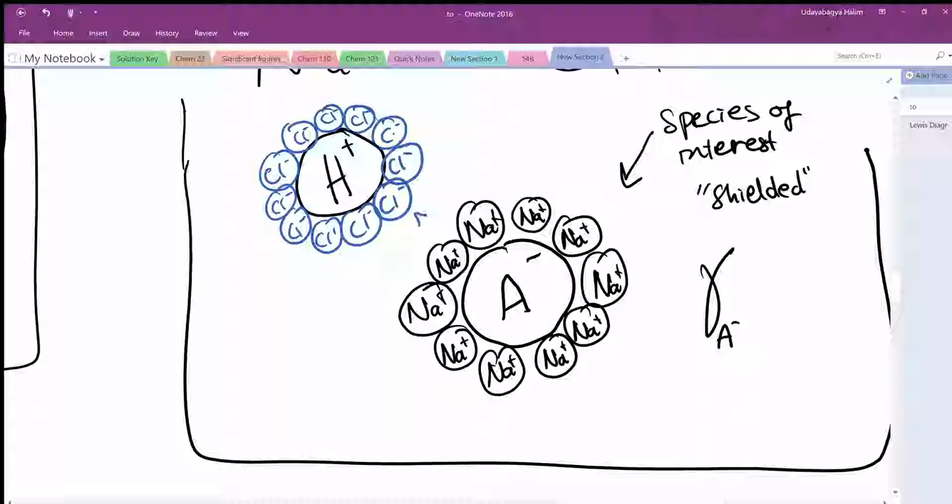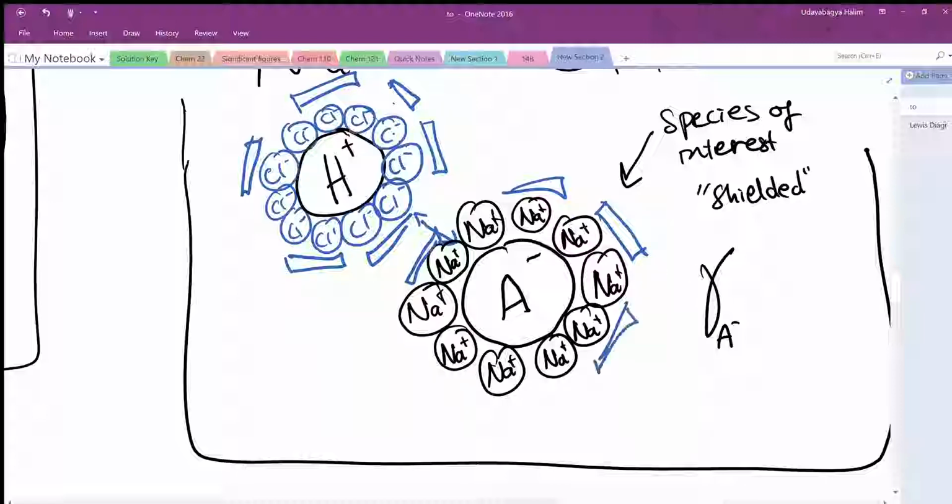So the molecule that you're interested in can't exactly collide with one another because now they have a shield layer of countercharge surrounding it that's kind of blocking it from actually reacting with the species of interest.